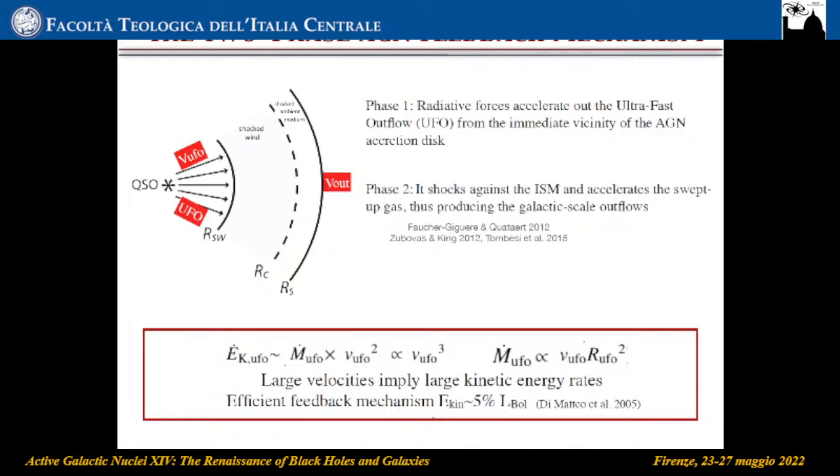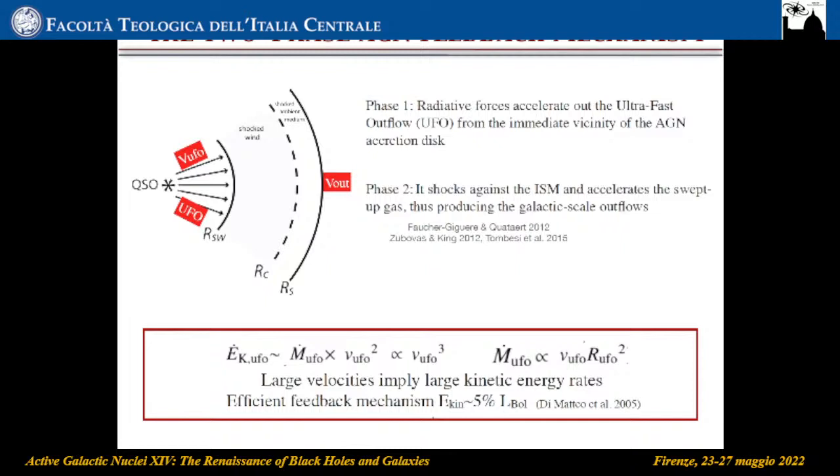And we know that the kinetic power of such UFOs is proportional to the third power of the velocity. So this implies that large velocity implies large kinetic rates. And to be efficient, AGN feedback should be, in terms of kinetic power, a few percent of the bolometric luminosity.